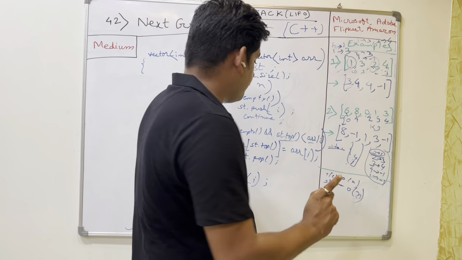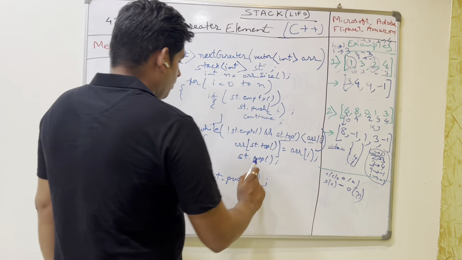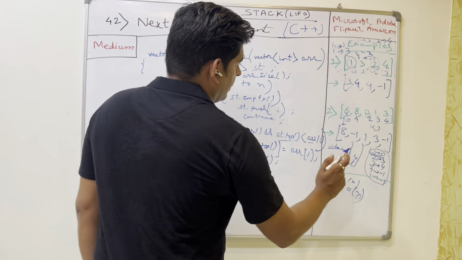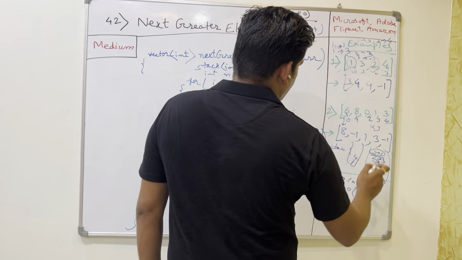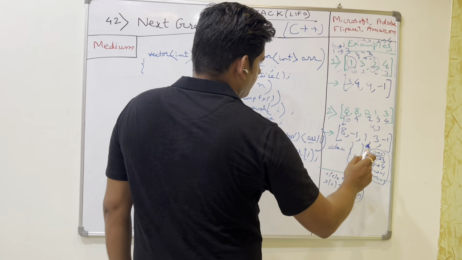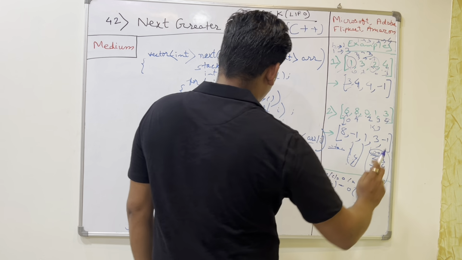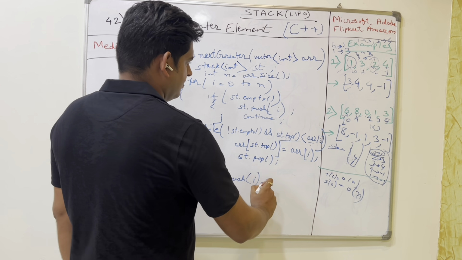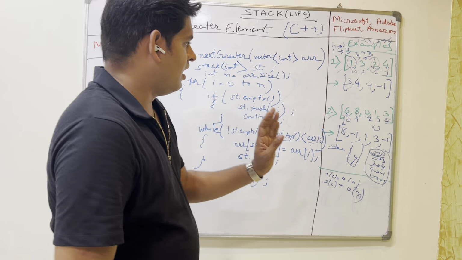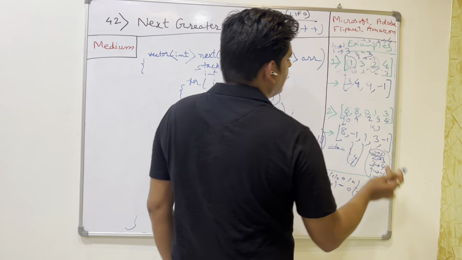I hope you got my point. So once this is done, for example, for 0, 1, for 3 we don't have anything. We insert every time, for whatever element we are at, we need to find its next greater element.